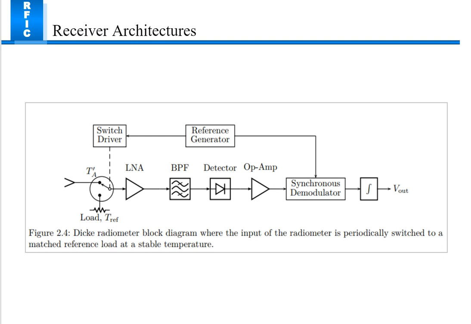To reduce the gain drift, Dicke proposed a radiometer that is periodically compared to the matched reference load at a stable temperature, as you can see in this figure, and then the output is synchronously demodulated, resulting in a stable output temperature.